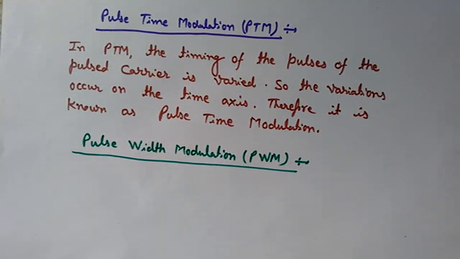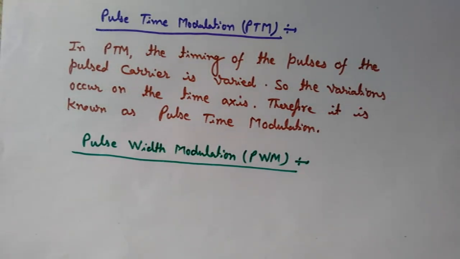In PWM, the width of the pulsed carrier wave is varied as per the instantaneous value of the message signal. It is also known as pulse duration modulation, as I have told you earlier.